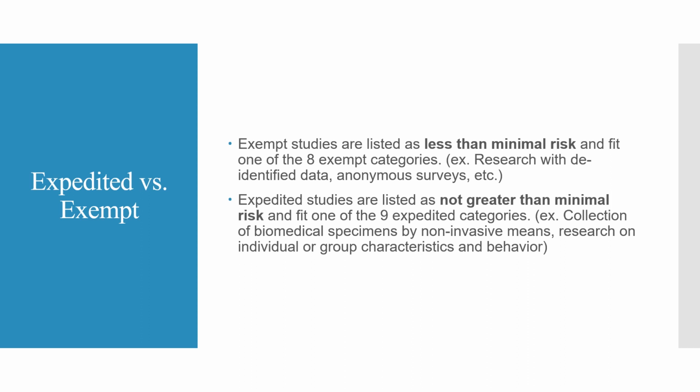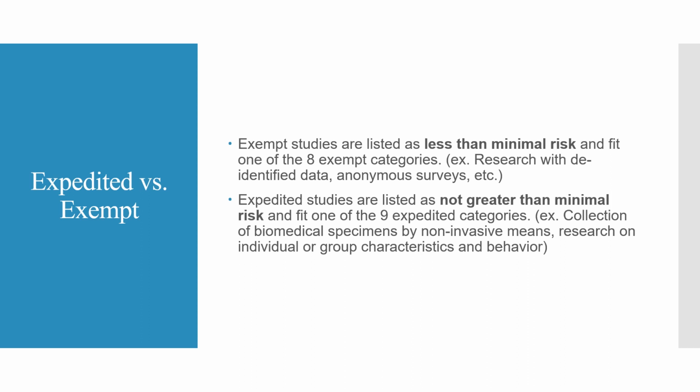To really put that in perspective, let's look at some examples of exempt studies versus expedited studies. Some examples of an exempt study would be research with de-identified data, anonymous surveys, or even research conducted in commonly accepted educational settings like a classroom. Those would all be exempt studies, whereas expedited studies are just going to bump that risk up a little bit higher.